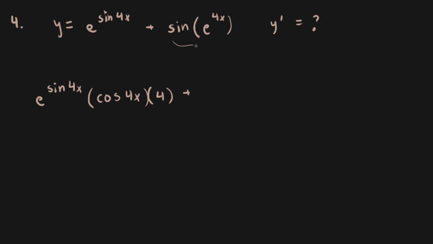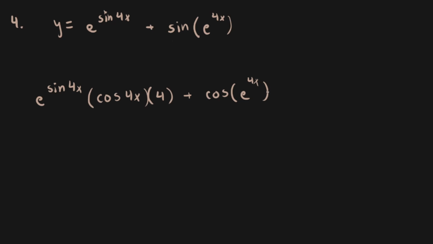Now for the second part of this, actually we do not need to use the product rule, never mind. The derivative of sine is just cosine, and the argument is e to the 4x.